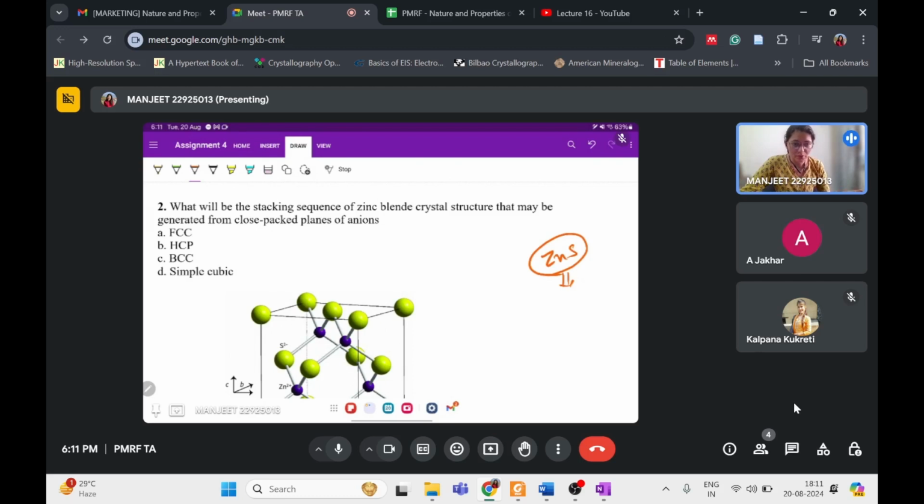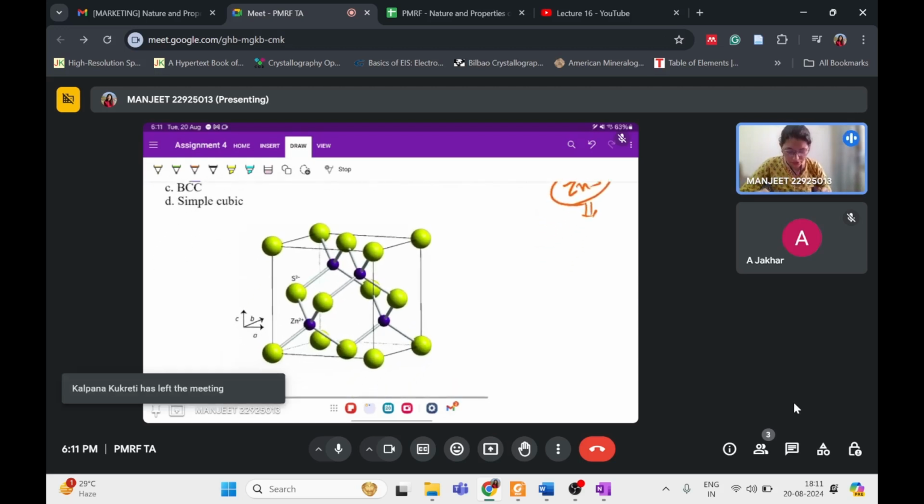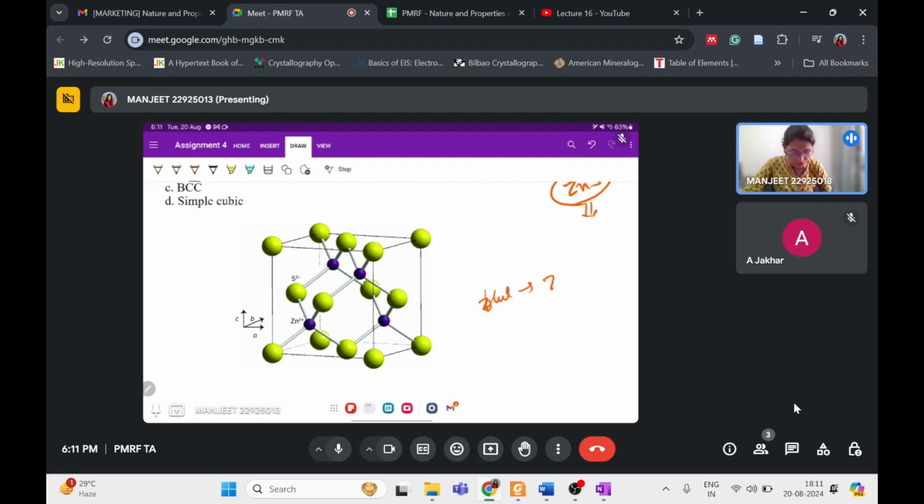First, we have to know what the crystal structure of zinc blende is. This is the crystal structure of zinc blende, where the blue atom is representing Zn2+ and the green one is representing the sulfide ion.